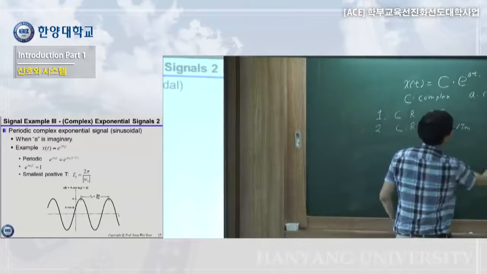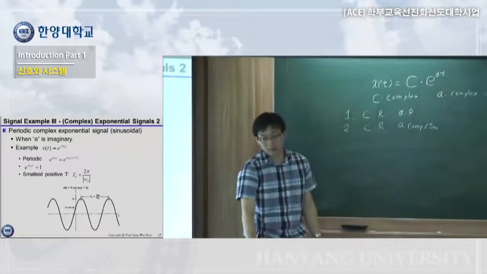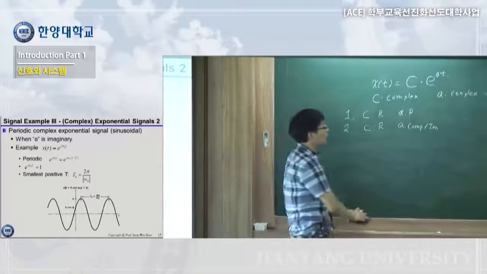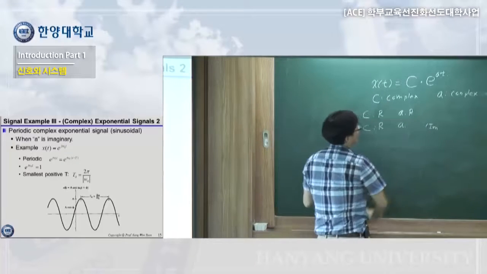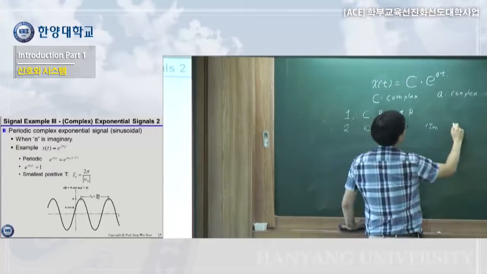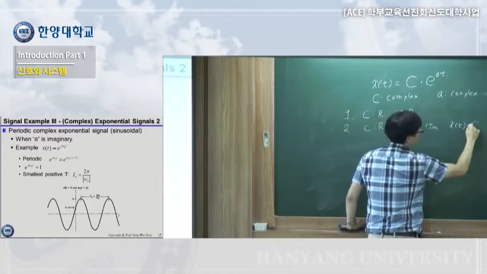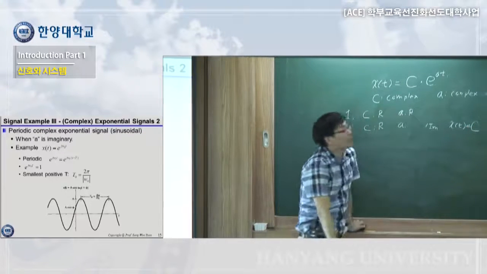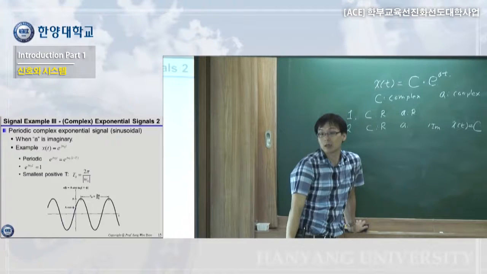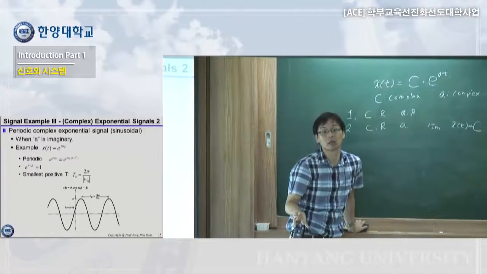Let's say A is only purely imaginary in this case. We can say x(t), C is constant, right? But A is now imaginary.